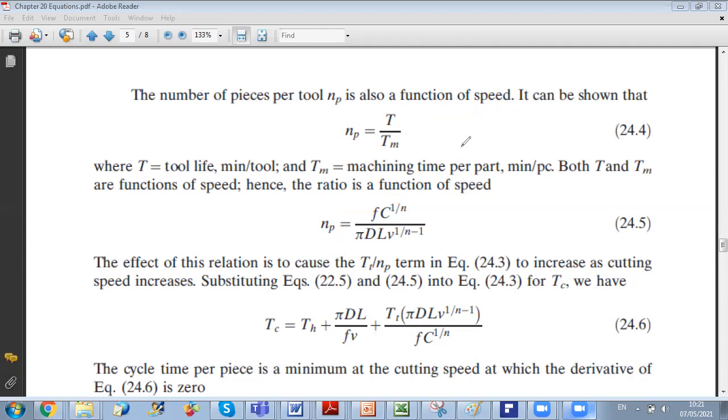equals a constant. Then from the Taylor relation, we can replace T by its expression.